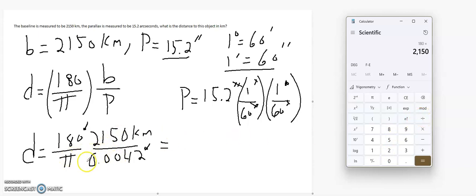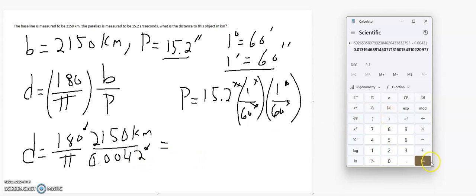Notice I got 2 things in the denominator here, right? So I'm going to divide by, in parentheses, pi, and then times 0.0042, to use the rounding that we use, and then close parentheses.